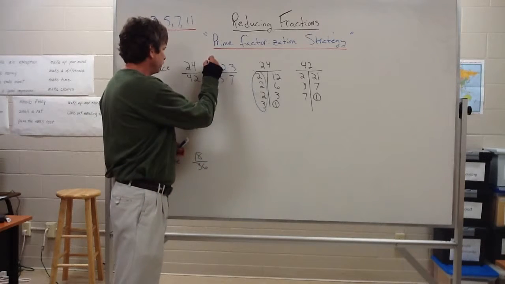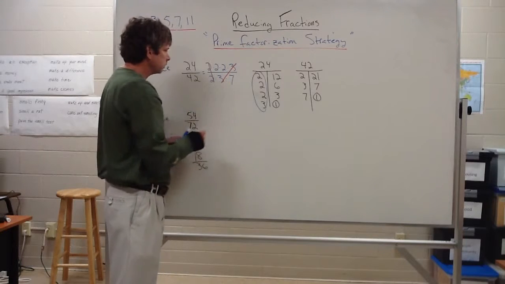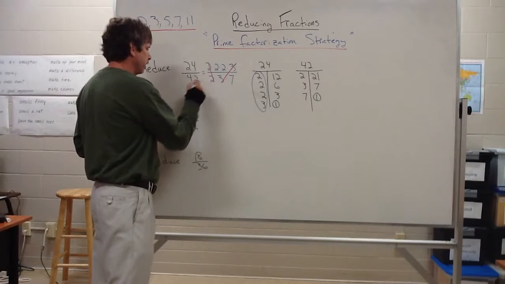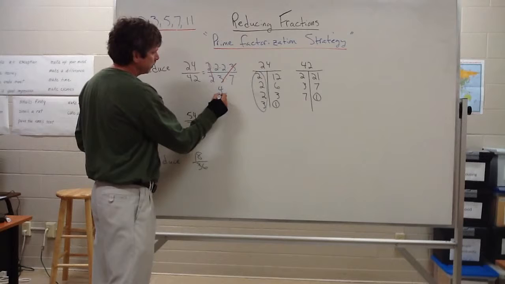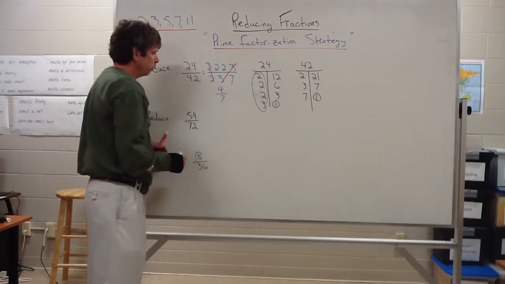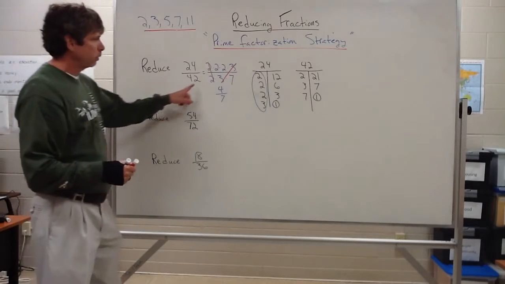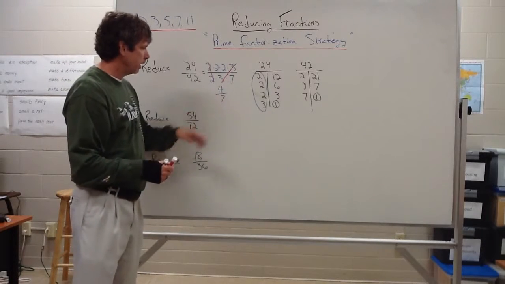So these 2's will divide out, and these 3's will divide out. So the only thing that's left is these 2 2's. So we put that back together. 2 times 2 is then going to be 4. And the only thing left on the bottom is a 7. So 24 over 42 is going to reduce to 4 7ths. And that's what we call simplest terms. So it doesn't have any more like factors to divide out.